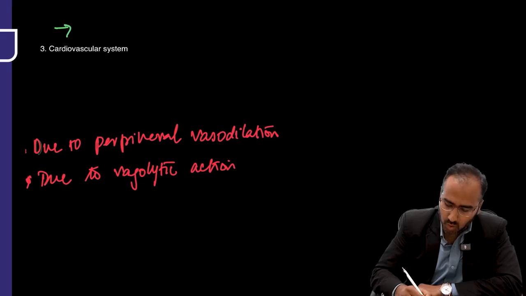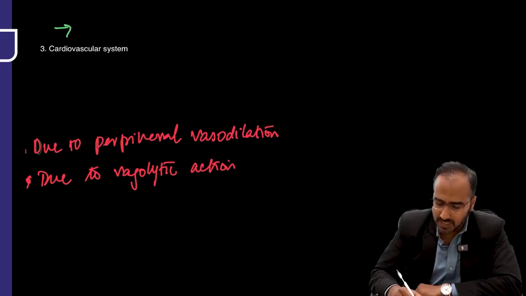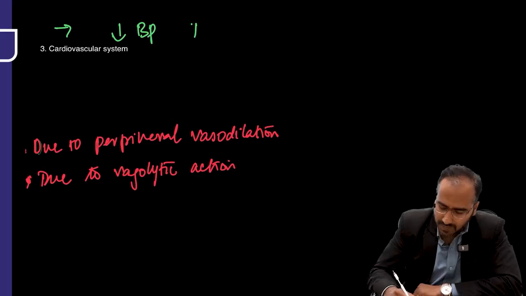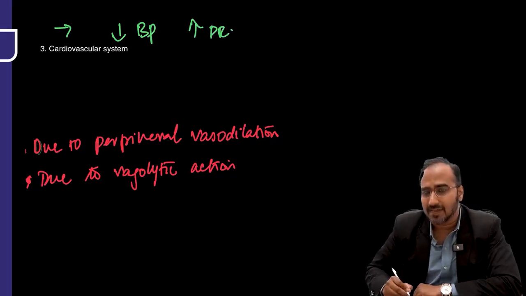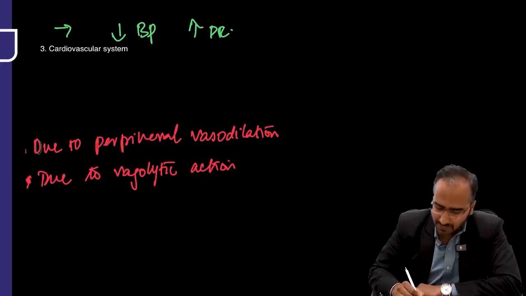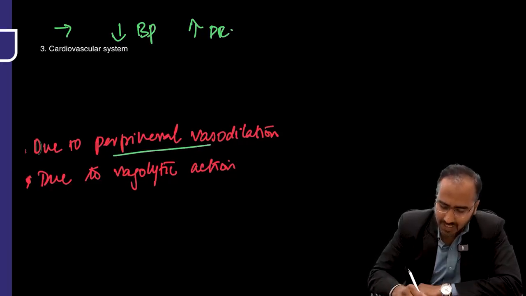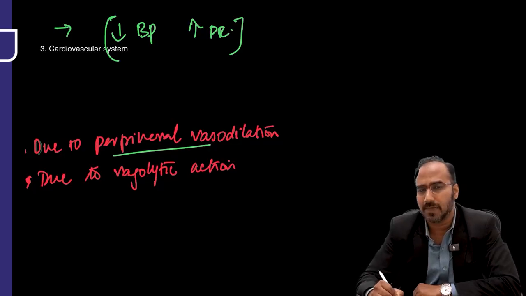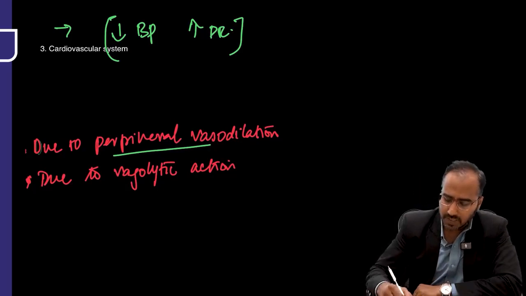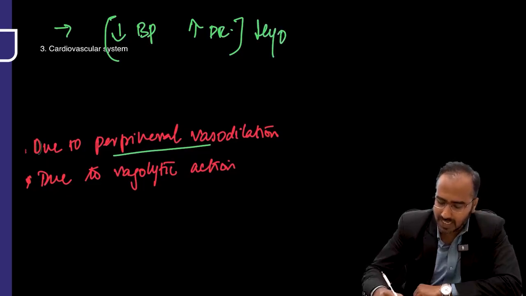Sodium thiopentone, when you give to the patient, it will decrease the BP and it will increase the heart rate. Why it is decreasing the BP? Due to peripheral vasodilation, it is decreasing the BP, and due to vagolytic action of sodium thiopentone, the heart rate gets increased.